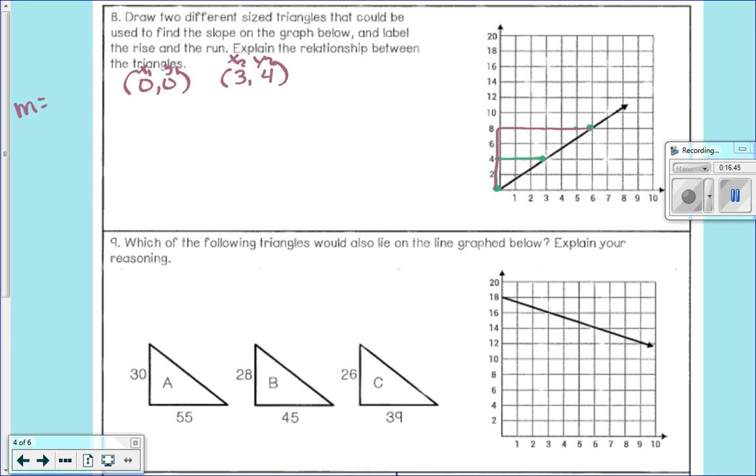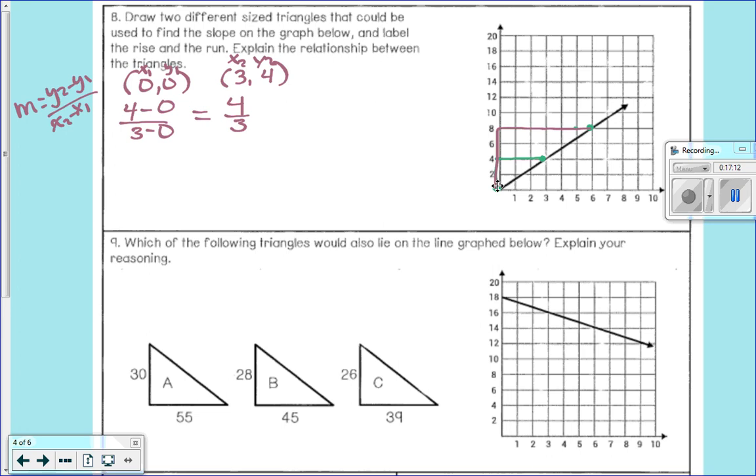And we are going to use so our second y value is 4 minus 0 and 3 minus 0, right? We're doing that. But you get 4/3. Good.